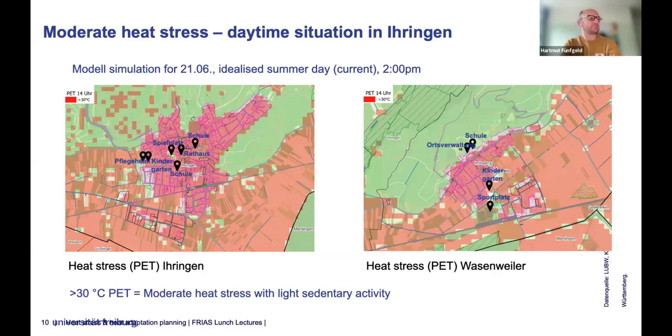If we then look more specifically at moderate heat stress, so temperatures exceeding 30 degrees PET, we have a similar pattern: a number of these very important services, especially in a social context, for good reasons, are very centrally located, and that means they are more prone to heat stress.